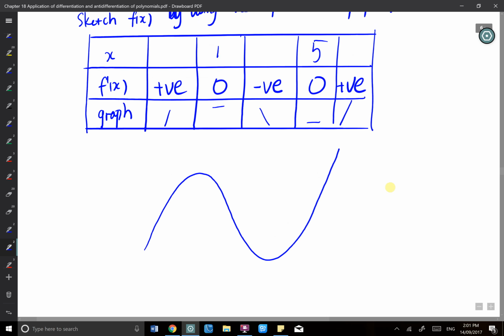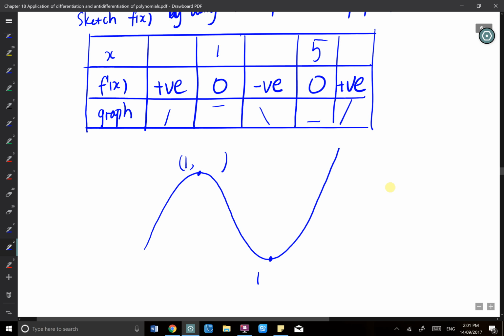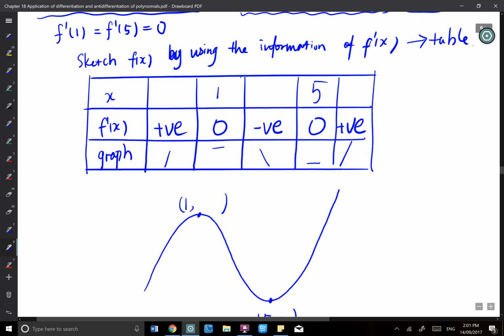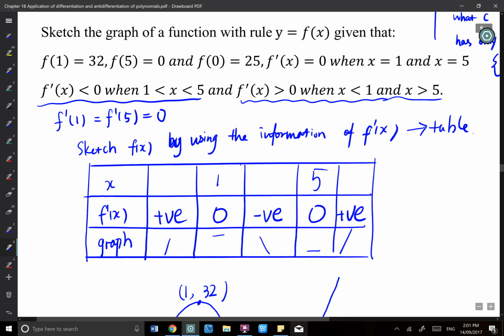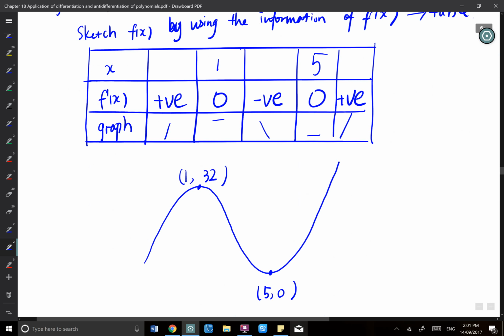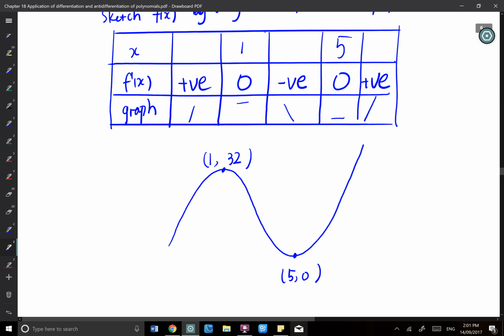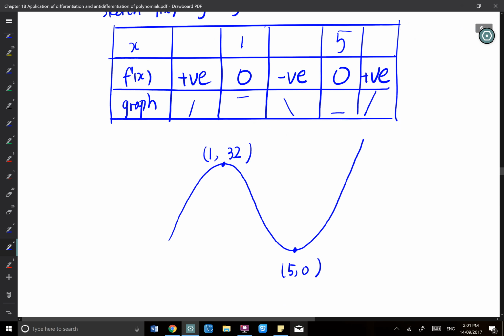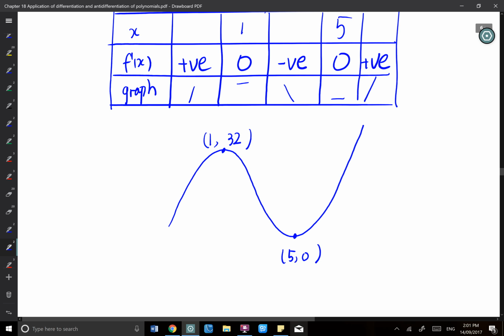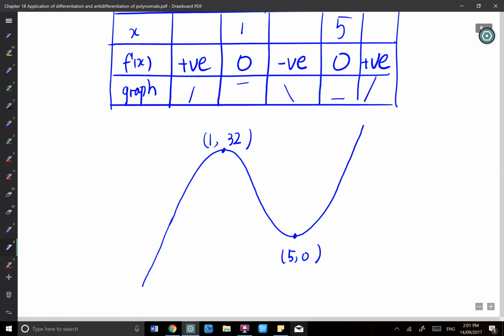Okay, this point is (1, something). This point is (5, something). So let's have a look. It passes through (1, 32), so here is 32. And passes through (5, 0). Okay, that's (5, 0). And I also have (0, 25). I don't care about (0, 25) yet, because you have 1 here, so your 0 must be here.